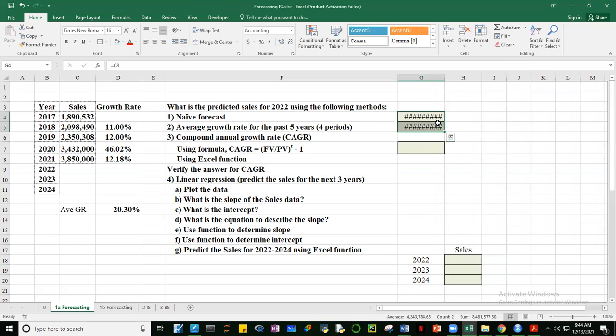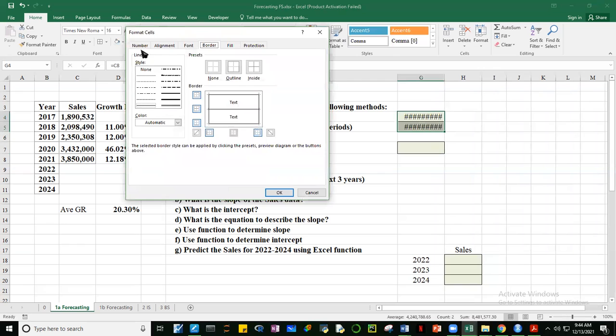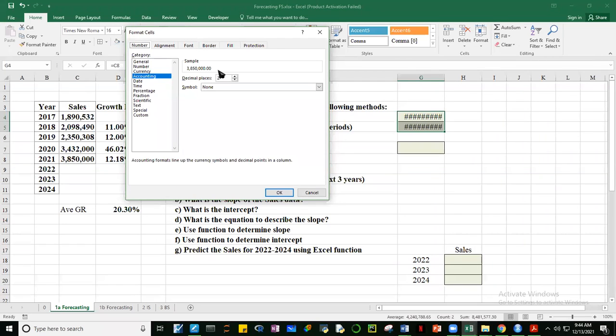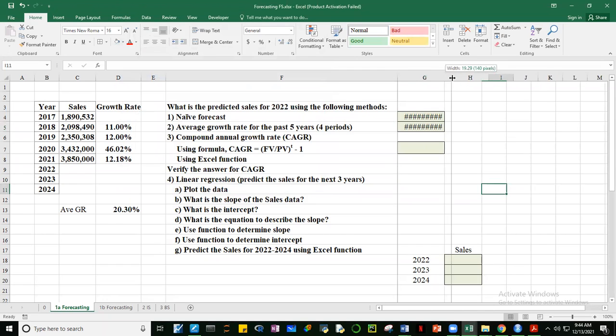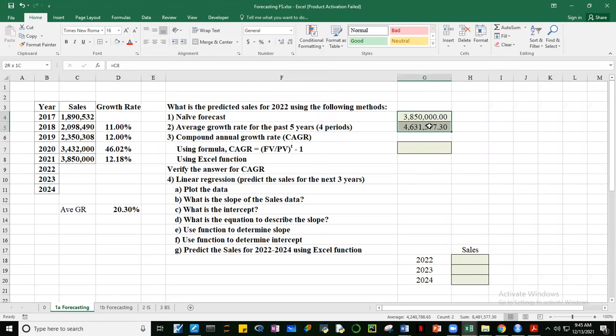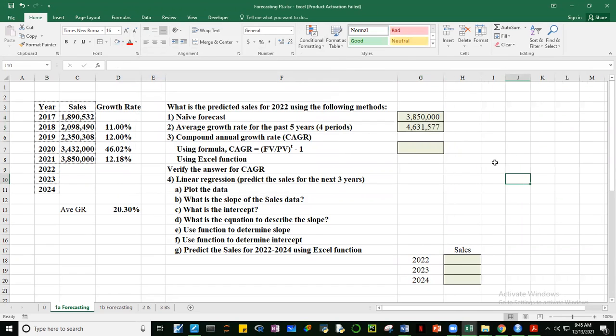What happened here? Okay, tanggalin mo lang yung decimal places para hindi masyadong malaki. Okay. So we can, using the naive forecast, this can be our predicted sales for 2022.